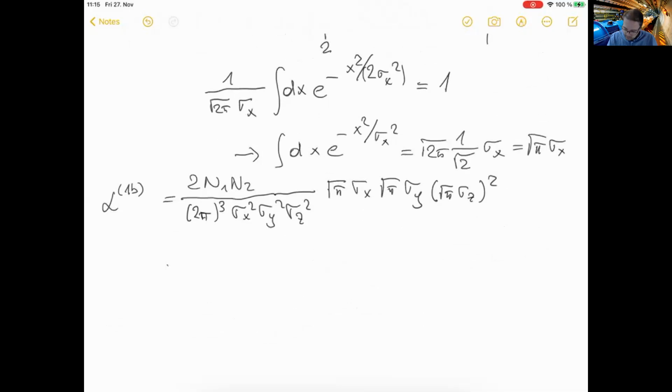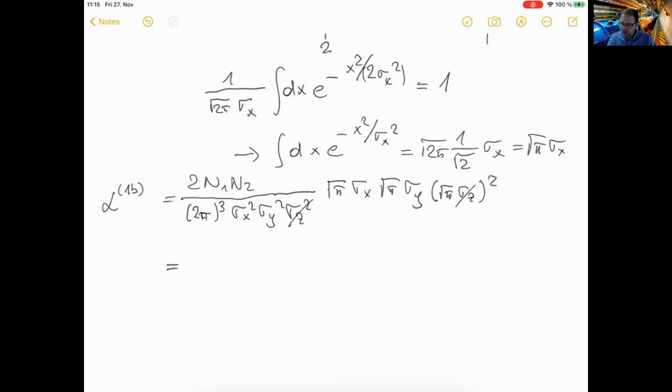So canceling the square root of pi's and the sigmas, we note that nothing depends on the width of the bunch in the z direction. This is because if it's longer, then it will just collide for a longer time, and we will get the same amount of collisions.